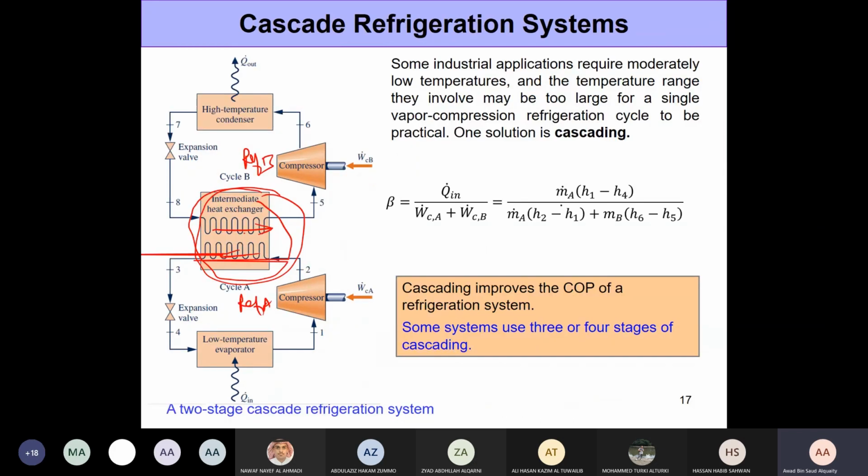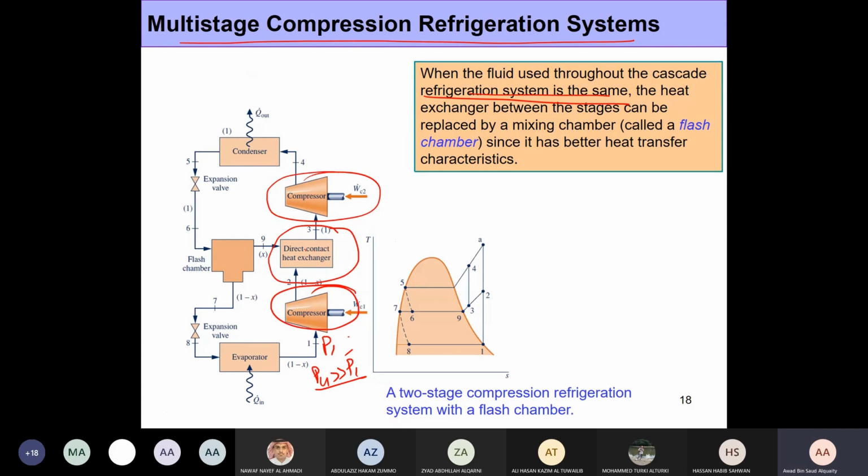The previous case was not a direct contact heat exchanger. It was like the closed feedwater type heat exchanger, where the two fluids do not mix. Since here we just have a single fluid, we go with a direct contact heat exchanger, which is simply like a mixing chamber. You have two fluids, a hot and a cold fluid, coming in from two different sides, and they get mixed.